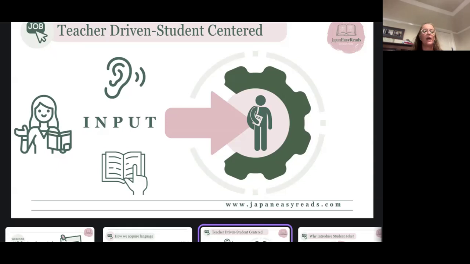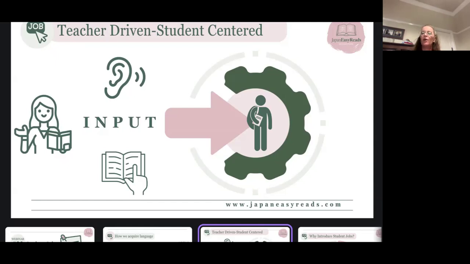So students aren't passive recipients in a CI classroom, quite the opposite. They're very active in the communication process. They are listening intently, listening to get meaning. They're interacting with the teacher and with their peers, and they respond in ways that make the classroom a collaborative environment.